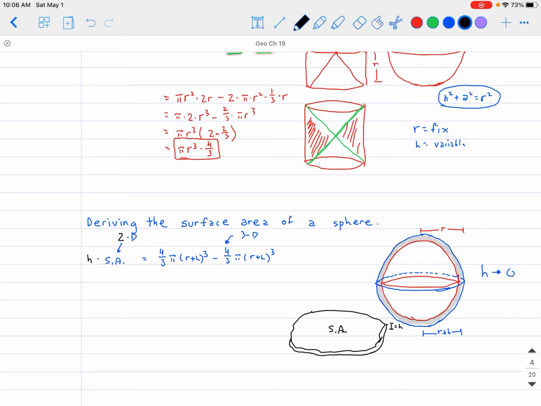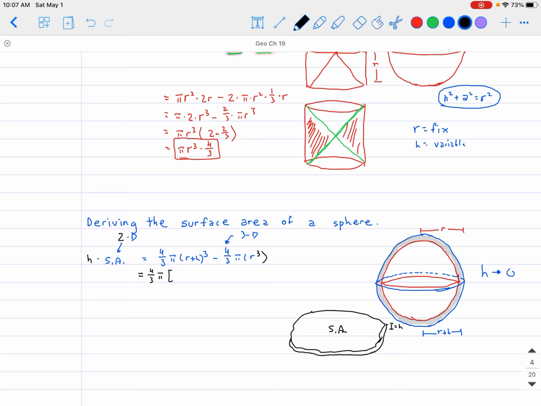I will go ahead and multiply everything out on the right-hand side. So that is going to be 4/3 pi. And then for the inside over here, oh, actually, wait, the volume of the sphere inside is not actually equal to 4/3 pi r plus h. It's just r cubed, because that is the inside sphere. So I do apologize for that.